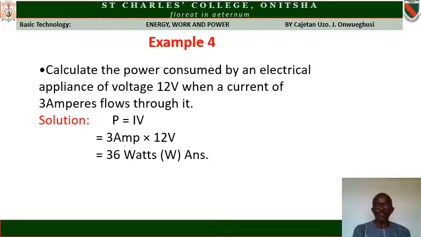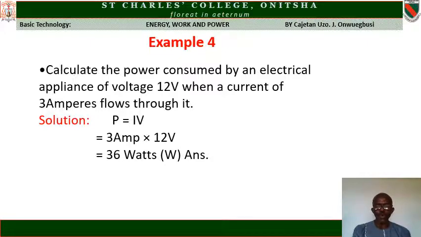We have example number 4. Calculate the power consumed by an electrical appliance of voltage 12 volts when a current of 3 amperes flows through it. In solving this, you use the formula P equals IV. That is the first formula of power.